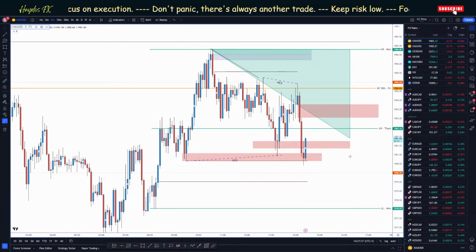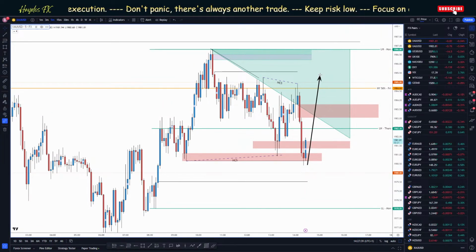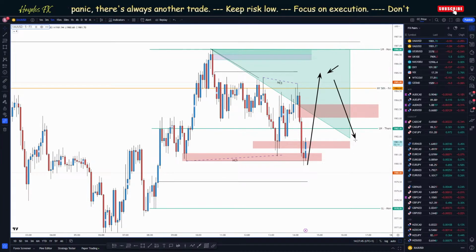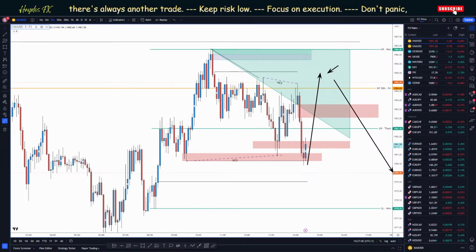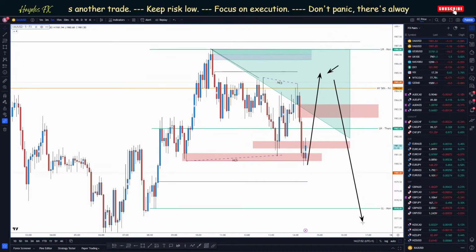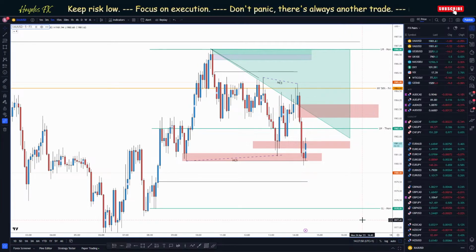What I reckon it might do is go straight up, and then I want to see it back into here, respect that 85, then I can at least target 80. But more than likely, if it's gone from 85 back down to 80, I'm going to hold out for 76, which was my initial target from the day.